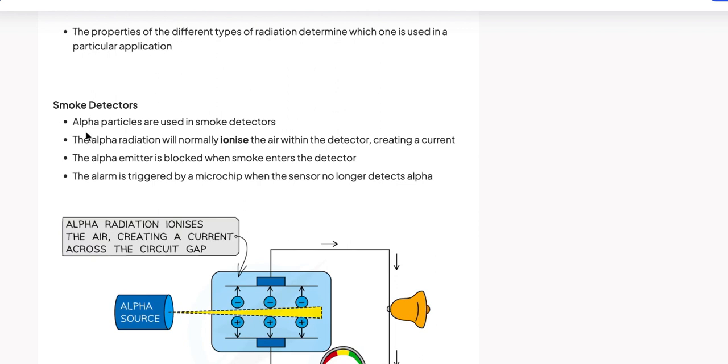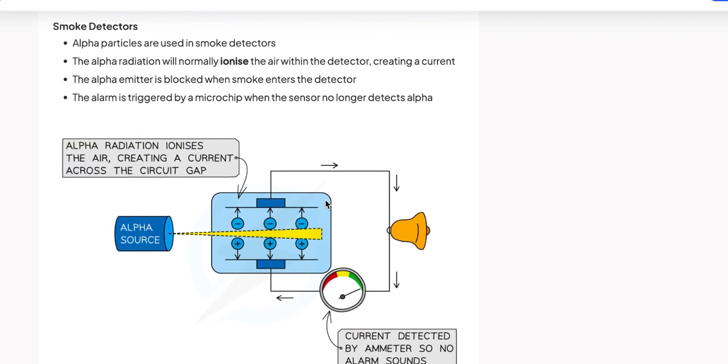Smoke detectors: we say alpha particles are used in smoke detection. The alpha radiation will normally ionize the air within the detector. Here is the alpha source. The alpha source releases alpha particles and they travel in the air around here and ionize the air within the detector, creating a current.